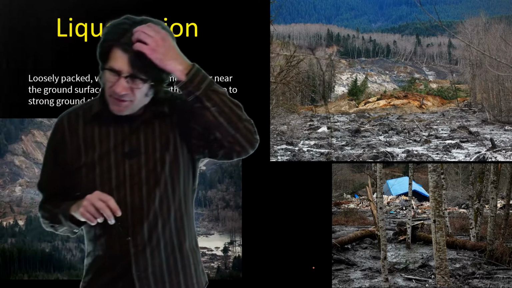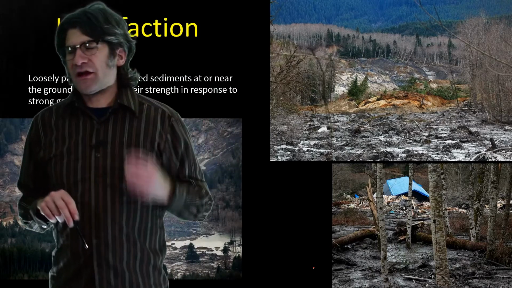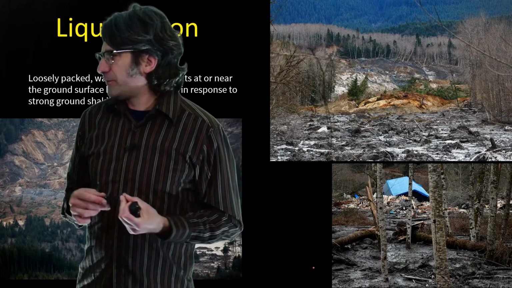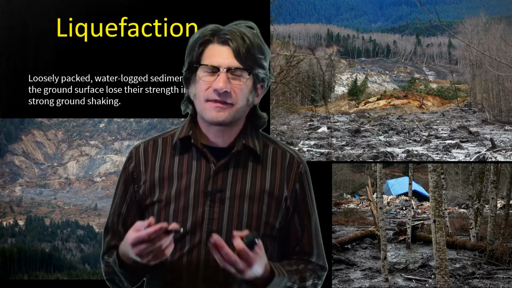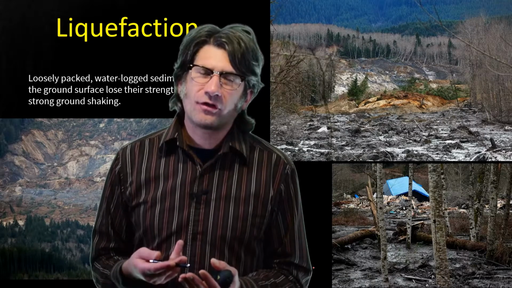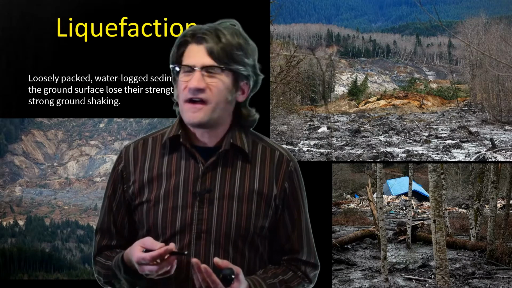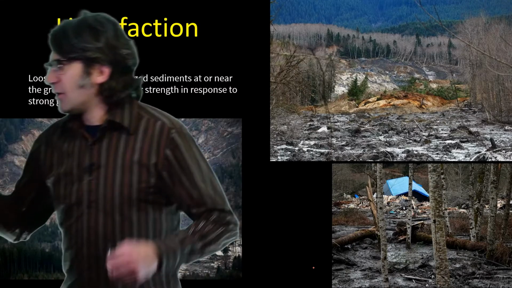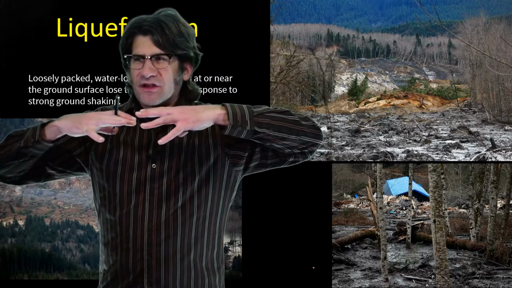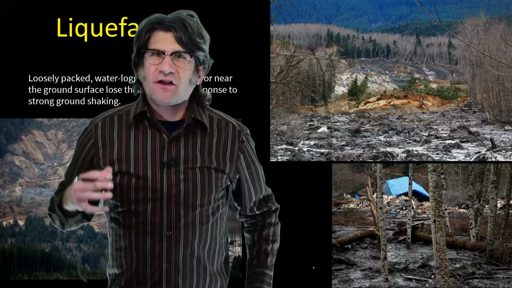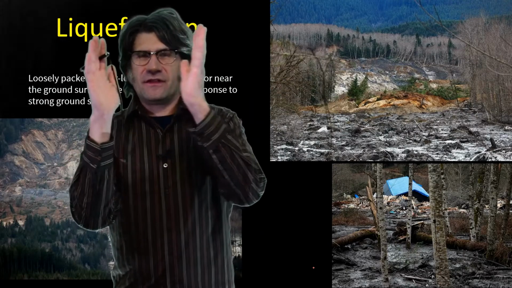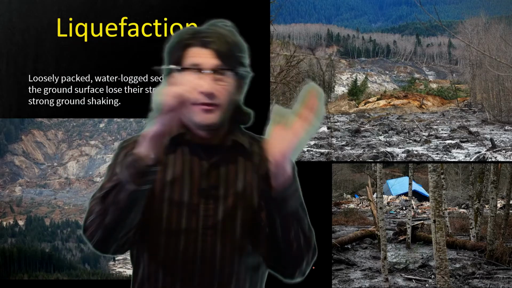Okay, so why did this thing run out so far? Why did it have this huge mobility? Another term we need to introduce is that the bottom of this landslide, the toe of the landslide, liquefied. We call this liquefaction, when waterlogged sediments completely lose their strength. It often happens in earthquakes, when buildings fall over.